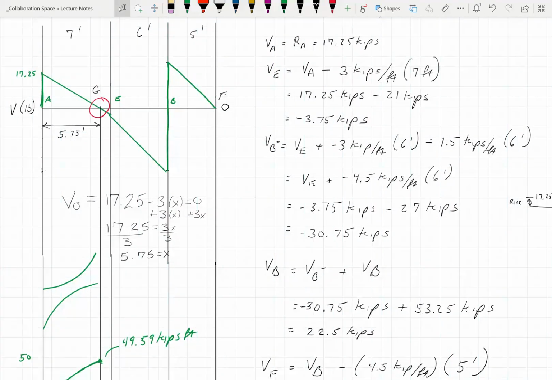And that triangle was, I don't know why I didn't write it in there, negative 3.75 kips. And we just figured out that this distance here was going to be 7 minus 5.75. It'll be 1 point, what? Or actually, what's the distance?